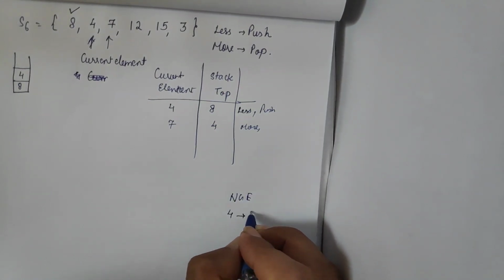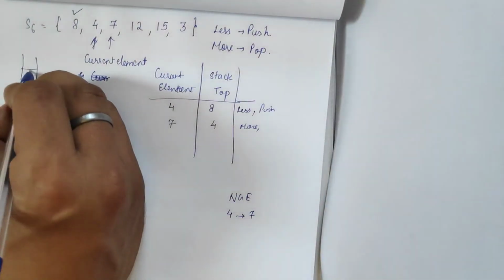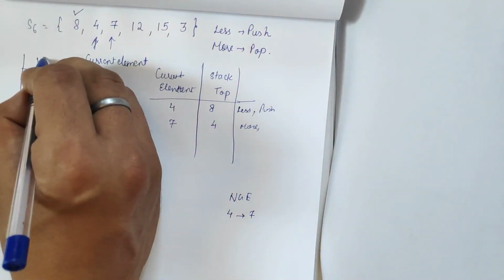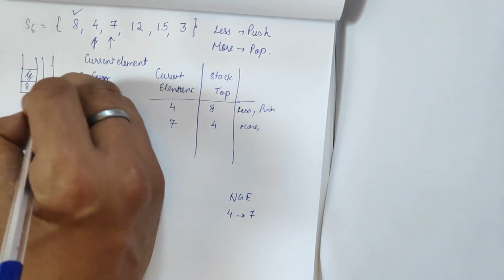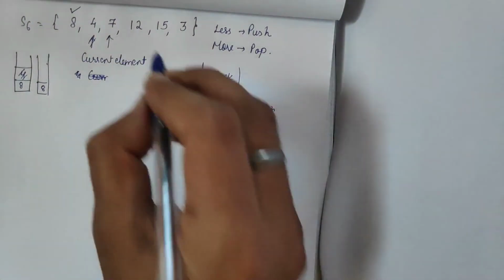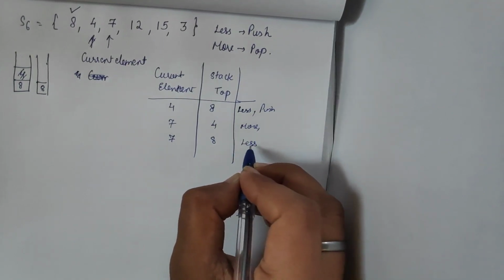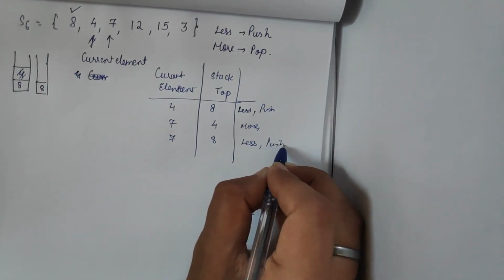So for 4, the next greater element is 7. Okay, so now 4 is popped from the stack, right? So the number remaining is 8 on the stack. So now we compare. Current element is still 7, stack top is 8, it is less, right? So push on the stack.